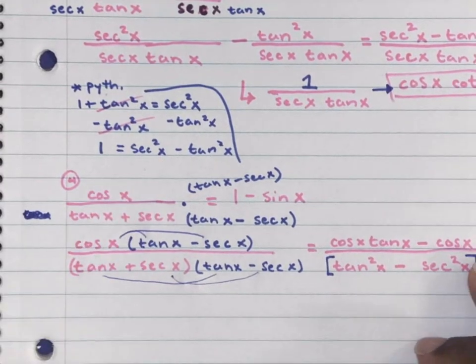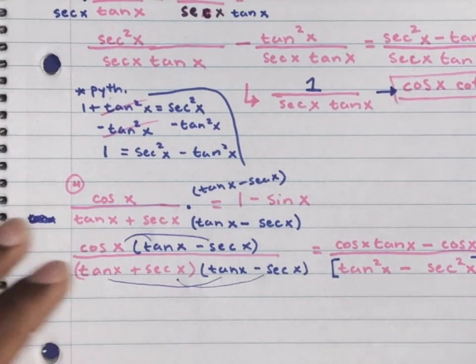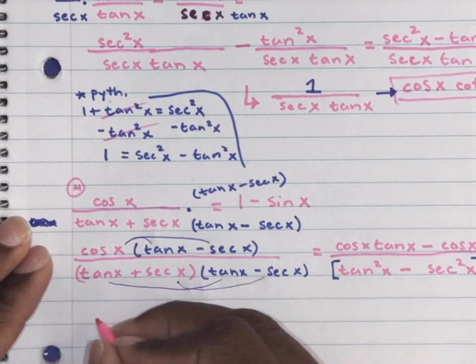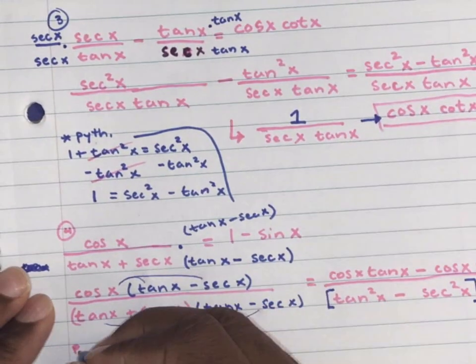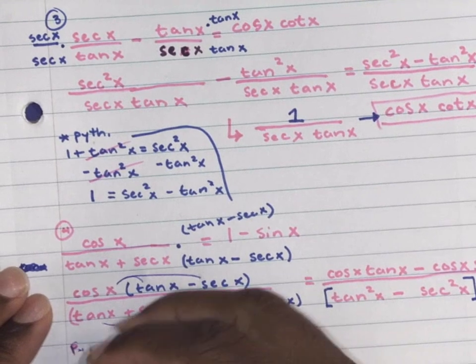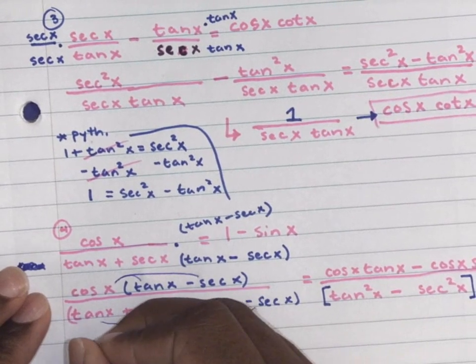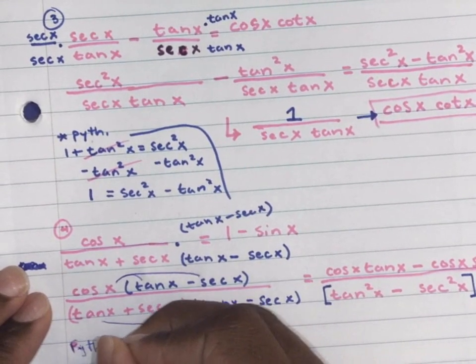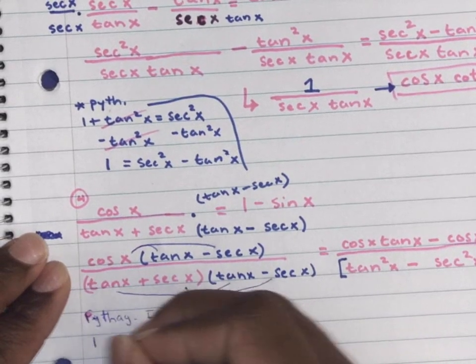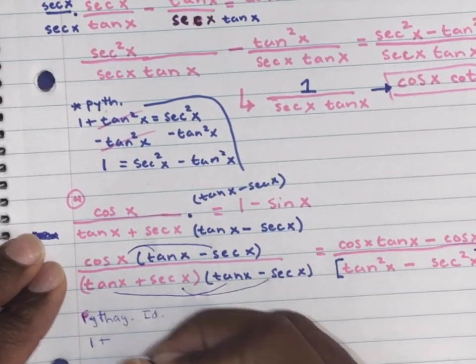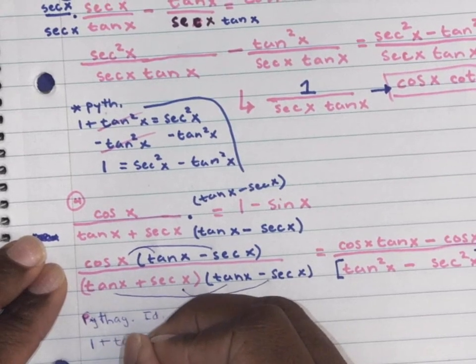All right, so let's go back to this Pythagorean identity. We have, let me use a different color. We're using Pythag. We're going to try to use it. So we're using the Pythagorean identity. And we're going back to this one that has tangent and secant with it.